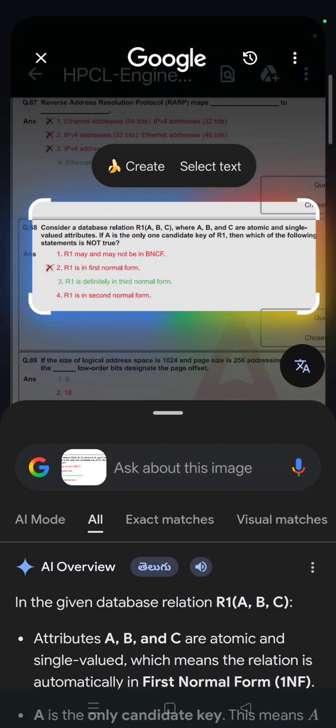If A is the only candidate key of R1, then which of the following statements is not true? అదేం కరెక్ట్ కాదు. ఇన్ BCNF ఓకే, BCNFలో ఉండాలంటే లెఫ్ట్ సైడ్ సూపర్ కీ ఉండాలి. ఇప్పుడు R1 ఈజ్ ఓన్లీ క్యాండిడేట్ కీ అంటే మీనింగ్ ఏంటి? A is the only candidate key అంటే A gives B, A gives C, అదొక్కటే మనకు కనపడే రిలేషన్.